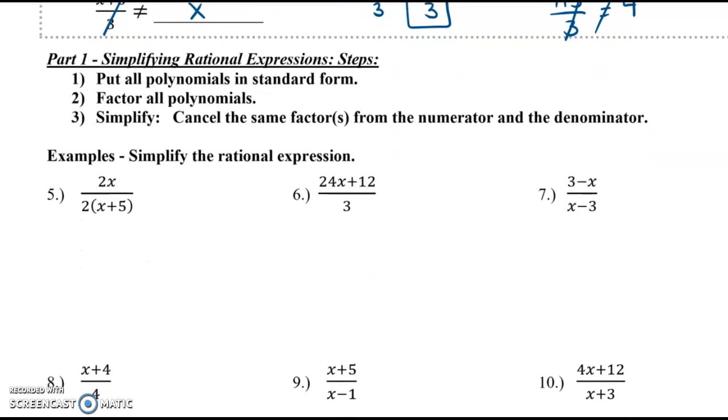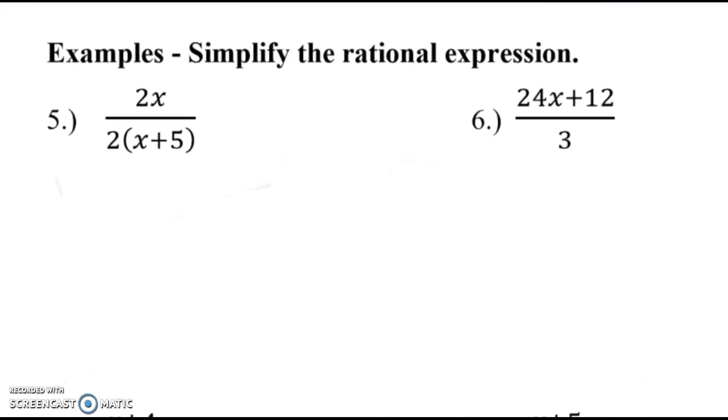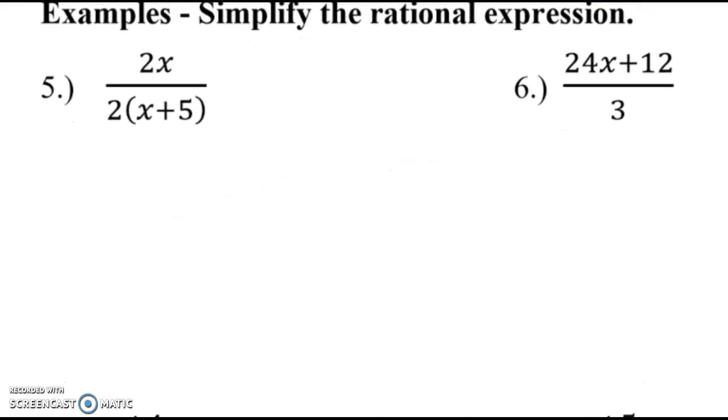So what we're going to do instead is put all the polynomials in standard form. You're going to factor them as far as you can go. Maybe it's just a GCF. Maybe you have to use the British method. It all kind of depends. And then you cancel the same factors from the numerator and denominator. So looking at the first one, since we've got multiplication going on here, you can cancel the 2's.